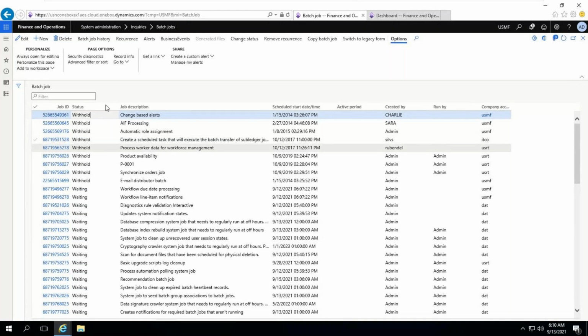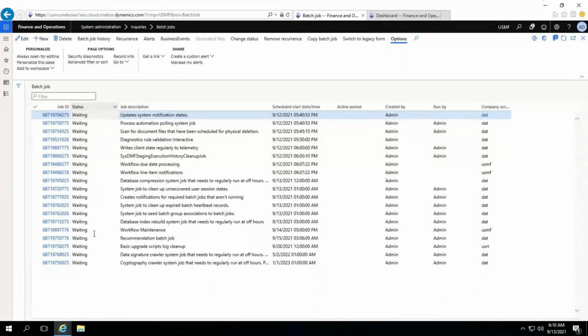In the waiting status, check whether any repeated jobs are there, like retail related jobs running. Anyhow, we are learning finance and trade analytics.